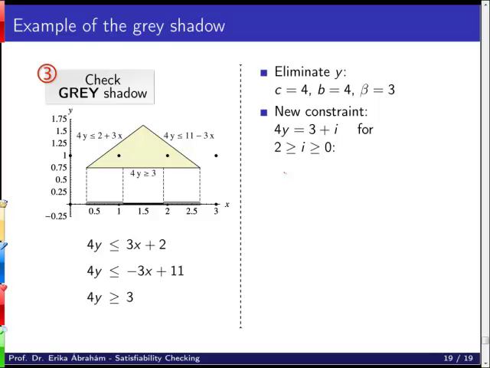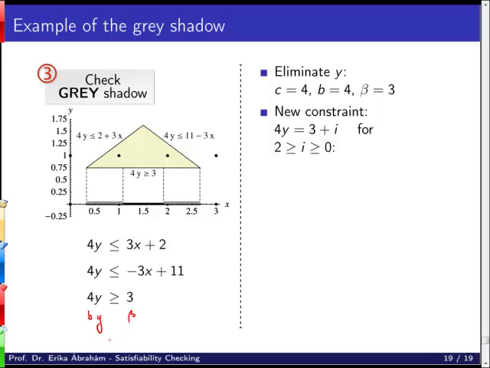So what we do is we eliminate y. Eliminating y, from this lower bound, this means this is my beta, b times y.